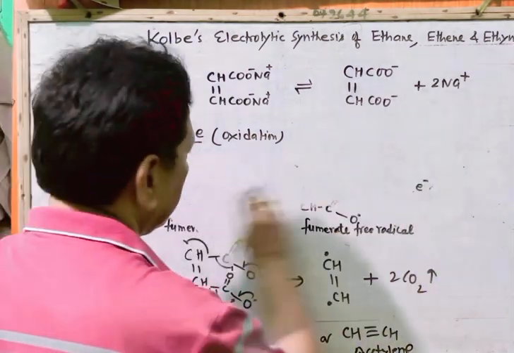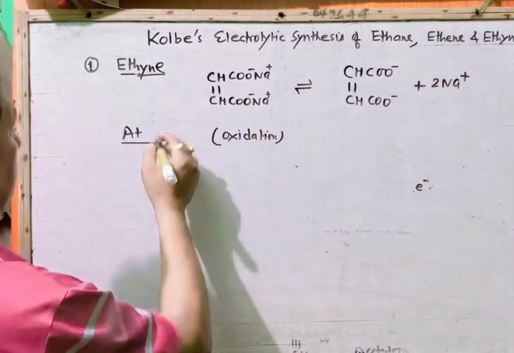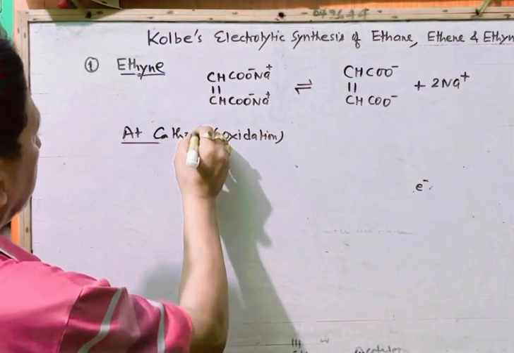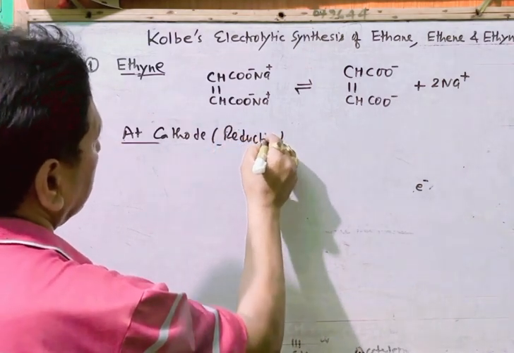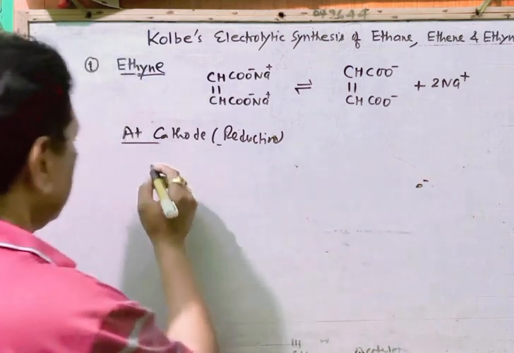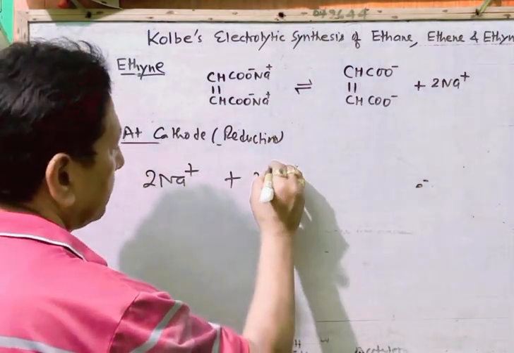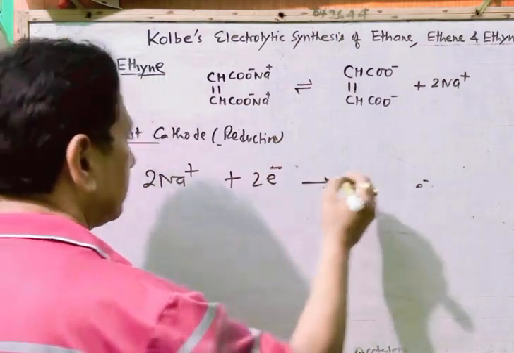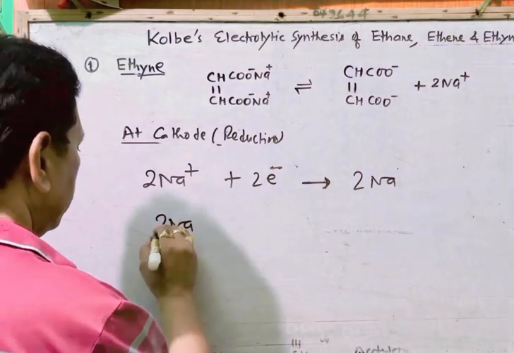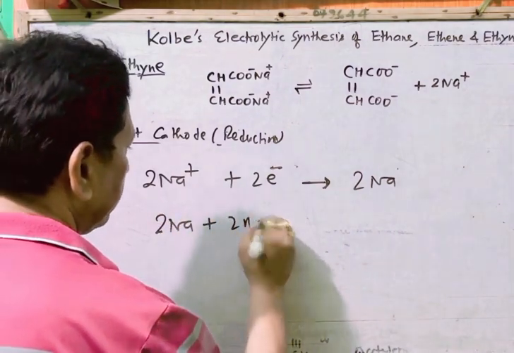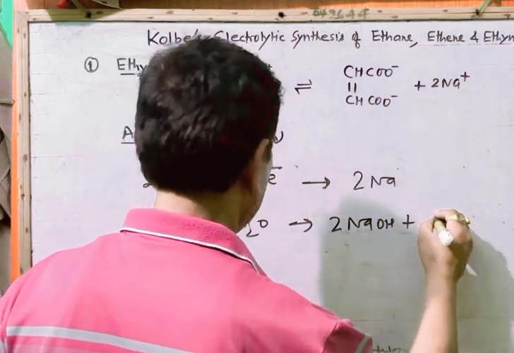Similarly, at the cathode the reduction occurs, and at the cathode terminal, sodium ions with the two liberated electrons we already have give you free sodium, and this free sodium again reacts with water to give sodium hydroxide plus hydrogen gas.